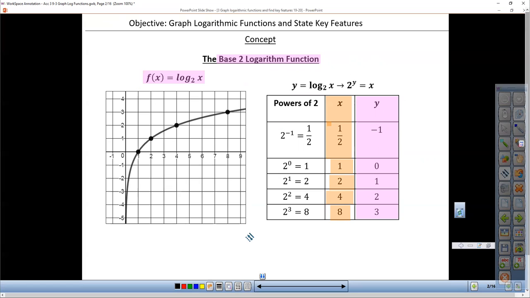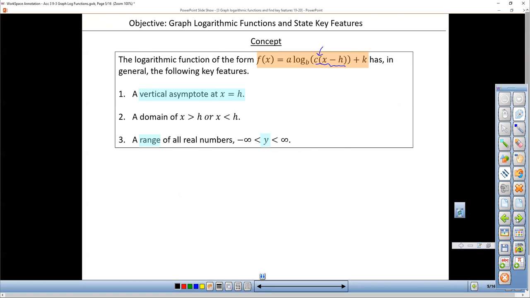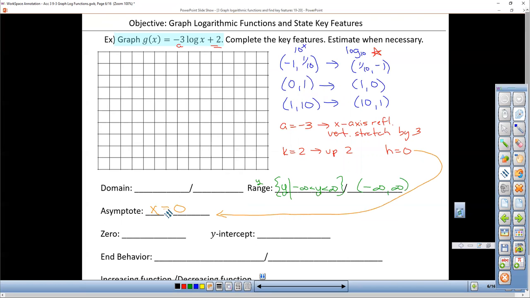The only thing that would change that is if we have a y-axis reflection, which would flip it over to the left side of that asymptote. So that tells me that all of my points are going to be still on the right side of my asymptote, which remember is remaining the y-axis. So I'm going to put my y-axis maybe over here or even on the edge if you prefer.